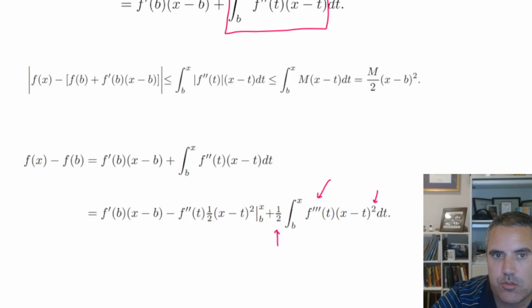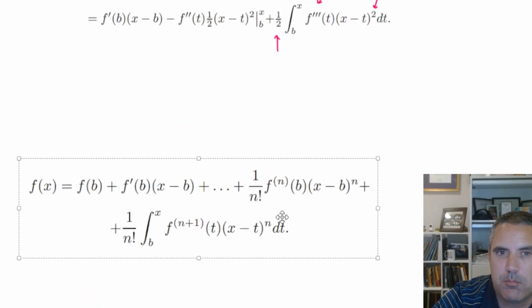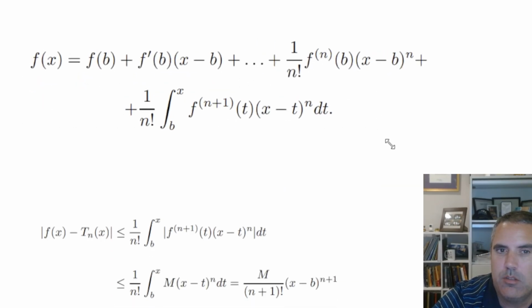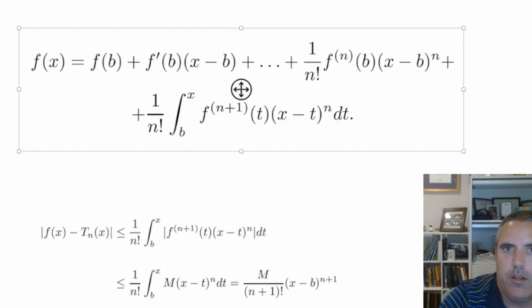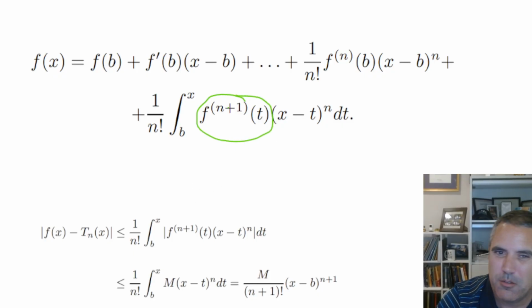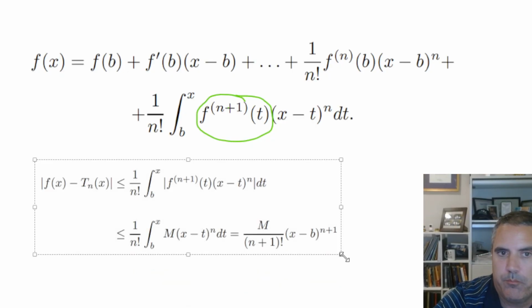So it has to do with what you're truncating. And you can just keep going. So the proof just says this can be continued. And if we find a maximum of this over the interval, we can pull that out, we can integrate again, and we get Taylor's inequality.